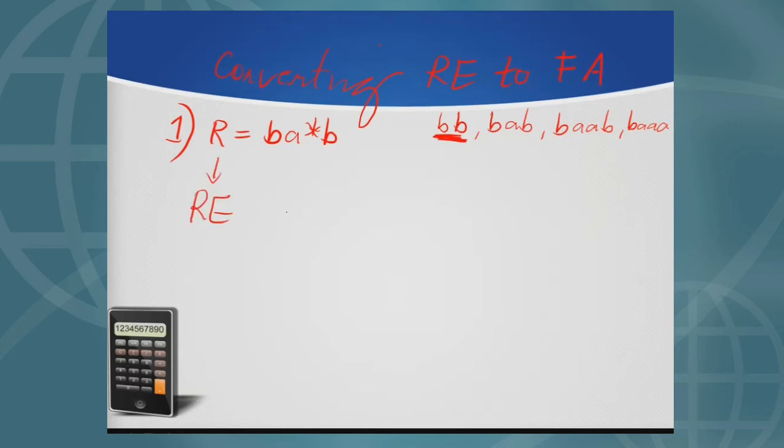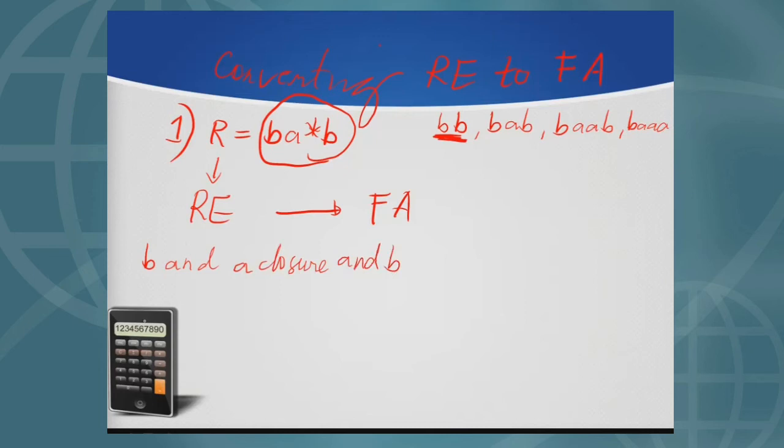So how are we going to convert this to FA? First step, how do you read this given? You read this as B and A closure and B. Correct? So first step, make a starting state. Wherever you start is called the starting state.